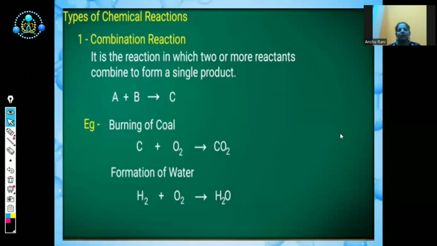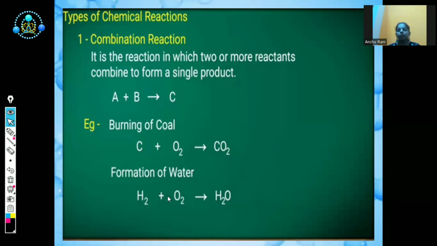In types of chemical reactions, first reaction is combination reaction. In this reaction, 2 or more reactants combine to form single product. Like you are burning coal in presence of oxygen. It forms carbon dioxide along with heat and light. This is example of combination reaction where carbon combines with oxygen to form carbon dioxide.